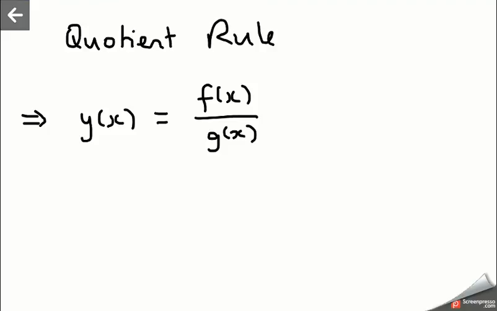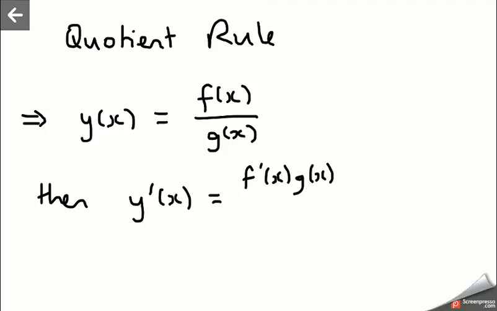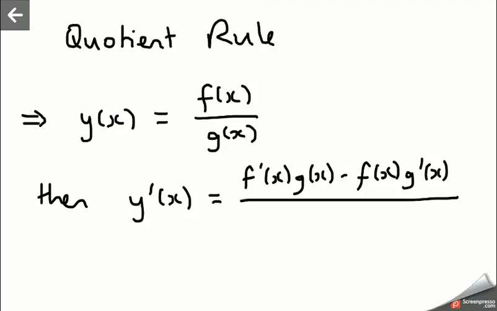So if y of x equals f of x divided by g of x for some functions f of x and g of x, then y prime of x is equal to f prime of x times g of x minus f of x times g prime of x, divided by g of x squared.